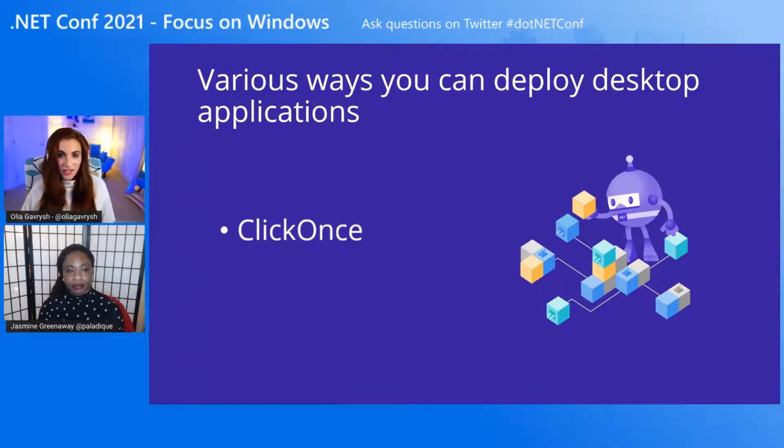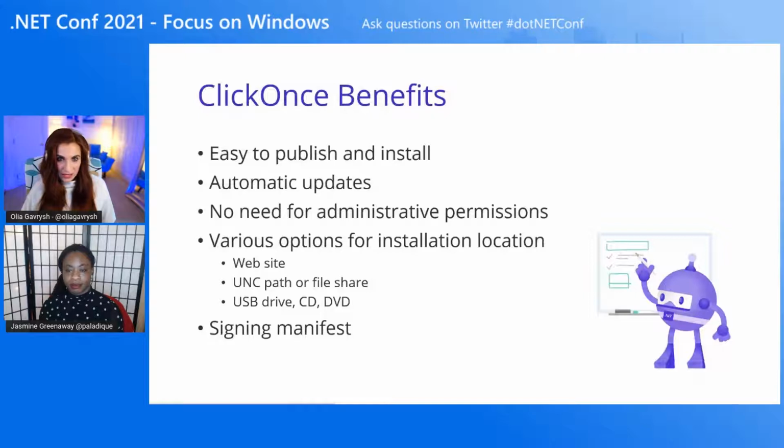This is a very loved and widely used method of deployment. And it's not a surprise, because ClickOnce has many benefits. It is very easy to publish and install. The name kind of gives it away, right? Just click only once and have everything done. It has automatic updates. ClickOnce takes care of updates for your application.